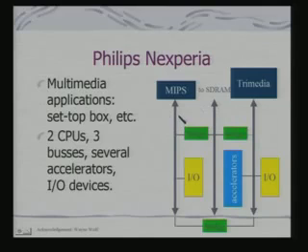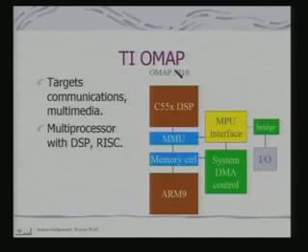So this is a kind of multiple processor system, and since Trimedia was primarily designed for media processing like video and image processing tasks, this SoC, that is, application platform, was designed by Philips particularly for applications like set-top boxes.